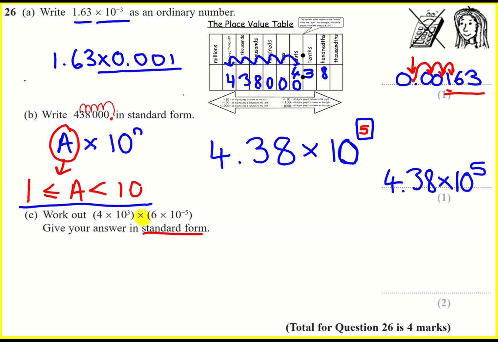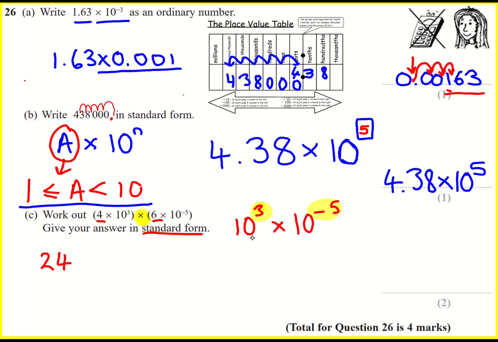Remember, 3 times 4 is 12, 4 times 3 is 12. So if you do 4 times 6, you get 24. And if you multiply 10 to the 3, I'm just going to do it over here, multiplied by 10 to the minus 5, if you think about your index laws, if you're multiplying powers, you just add them.